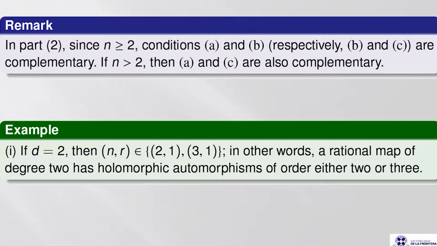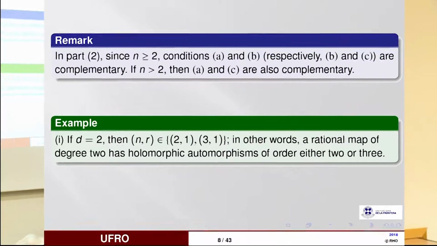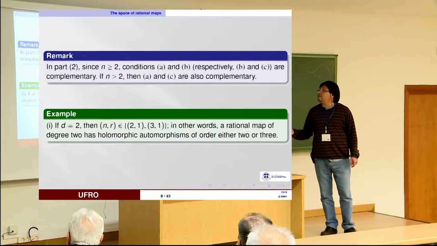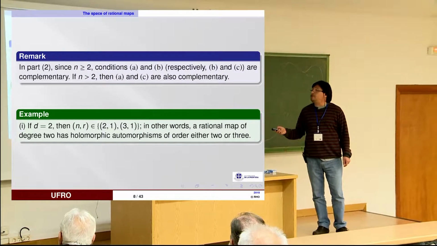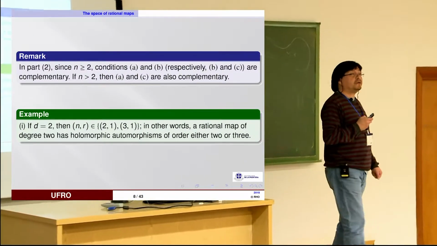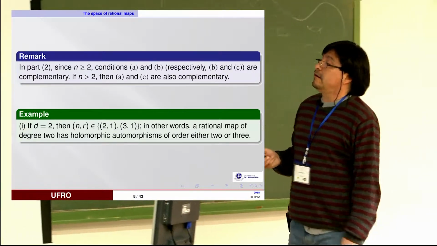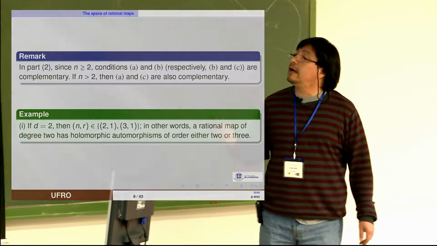Yeah, this one and this one. But for example, if you have a degree 2 rational map and you want to look at which holomorphic automorphisms it may have, then the result tells us that they only happen for involutions or order 3 automorphisms. We will be back later for this.